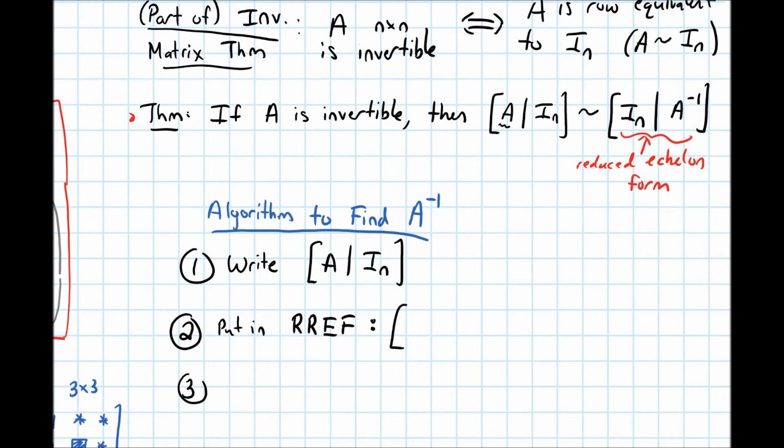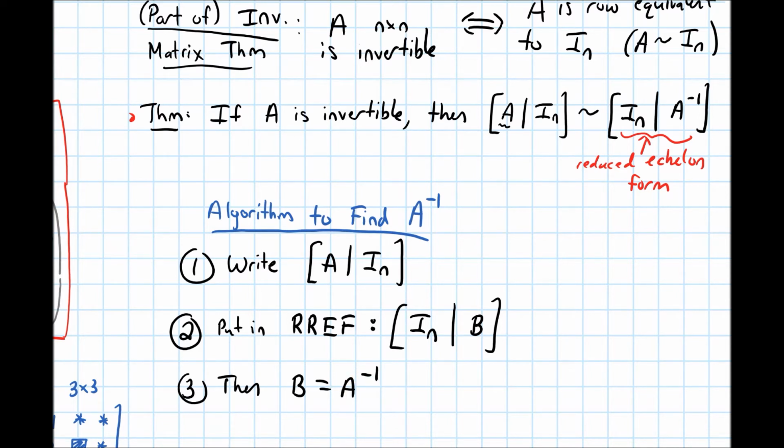When we do that, as long as my matrix A is invertible, it should row reduce to that identity, to I_N. And then the right-hand side is going to row reduce to some matrix, let me just call it B. And then this theorem tells me that when I do this row reduction, that matrix B on the right-hand side of this augmented bar is the inverse of A.